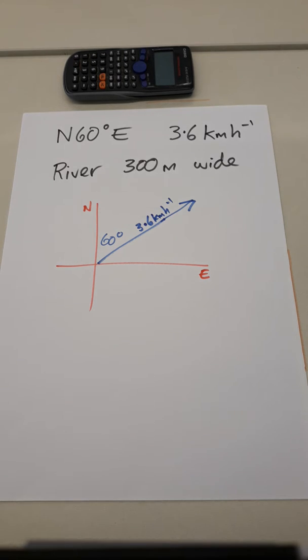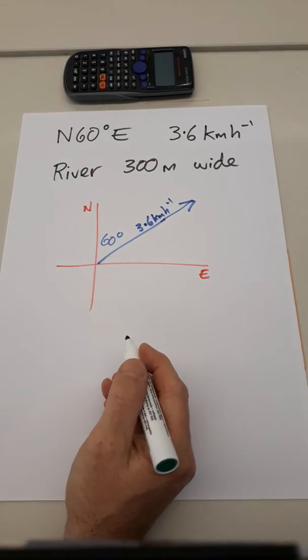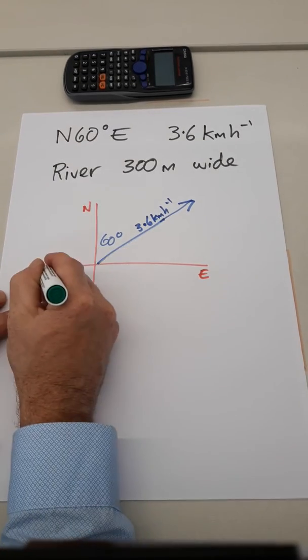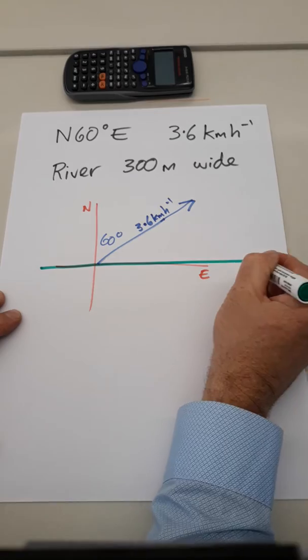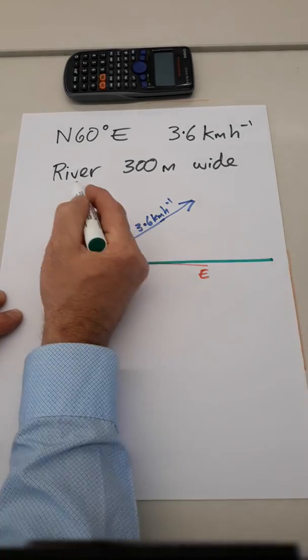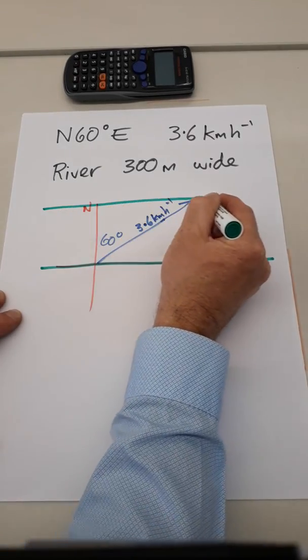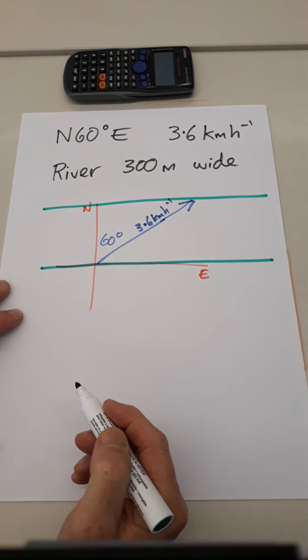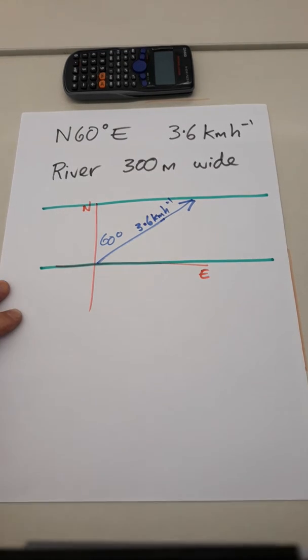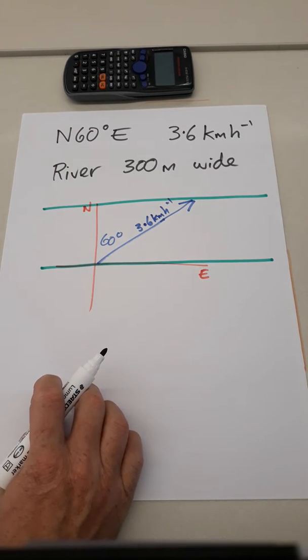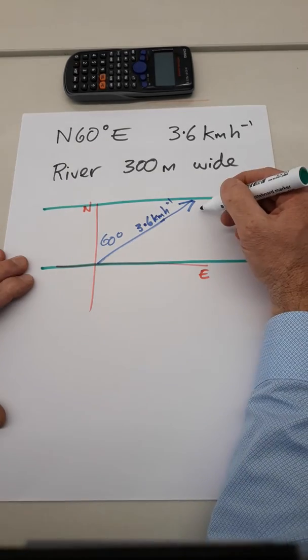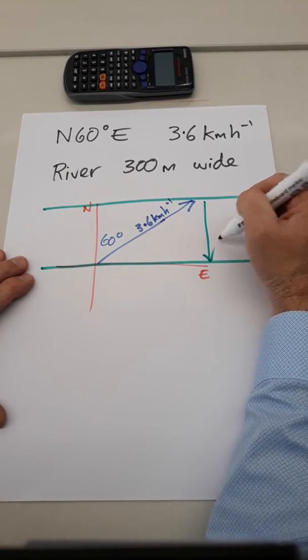And we're assuming that the river is placed like this. He starts off on one side of the river and he ends up on the other side of the river. Okay, so this river is 300 metres wide.